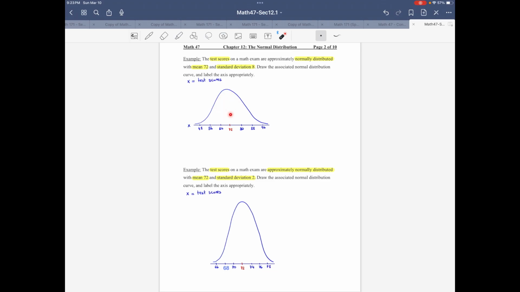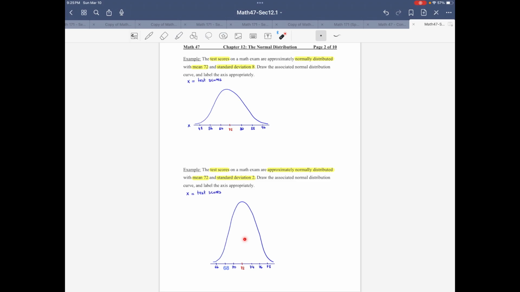The majority of the test scores in the first example are from 48 to 96, while the majority of the test scores in my second example are from 66 to 78. The horizontal distance of this first example is larger than the horizontal distance in this second example. And the area under this curve is 100%.